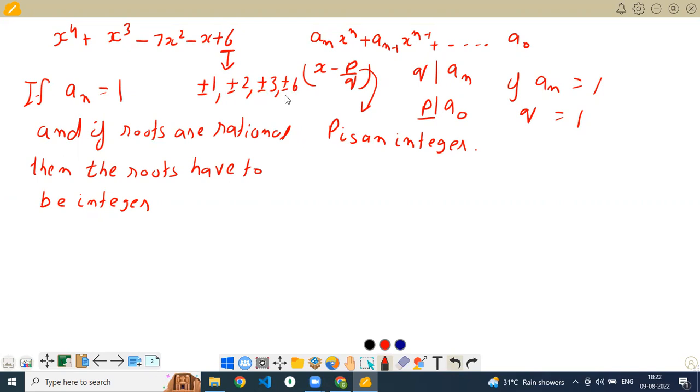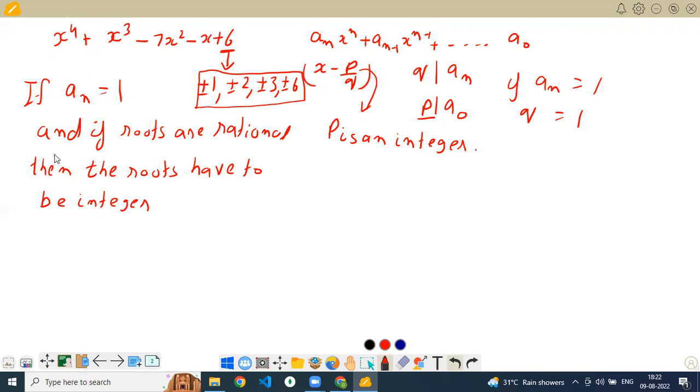This tells me that if this equation has any rational roots, then the rational roots will be integers. And if this equation has any integer roots, then the roots can be only plus minus 1, plus minus 2, plus minus 3, and plus minus 6, nothing else. If there are other roots, then those roots have to be irrational or complex.